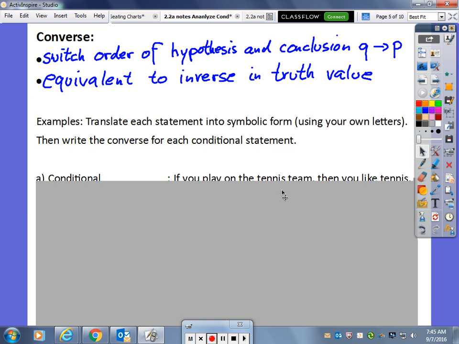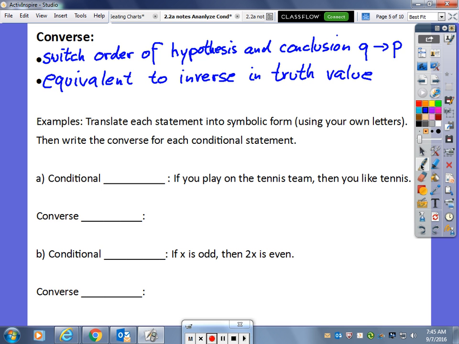Let's look at a couple of examples. Translate each statement into symbolic form. We can use our own letters for that. And then write the converse for each of the conditional statements. Okay, our conditional statement states, if you play on the tennis team, then you like tennis.